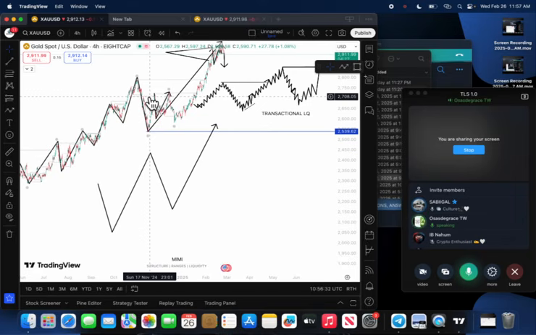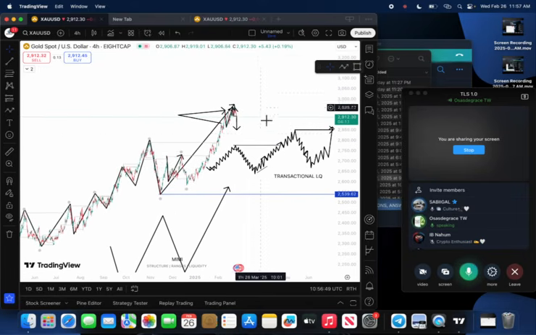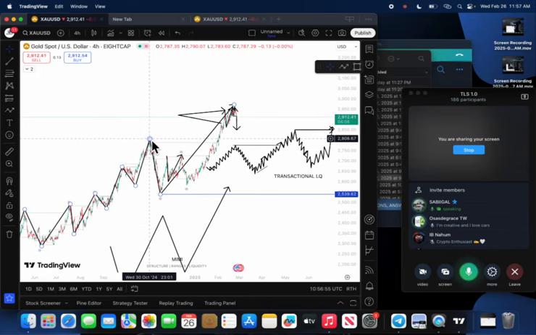Okay. My second question is that when you taught advanced market structure, when I was marking out my chart, you said that the highest point here is a swing structure. I don't really understand that point. You marked your internal breakout structure from the inside part, not the outside. You say the highest point here is a swing high, this high.